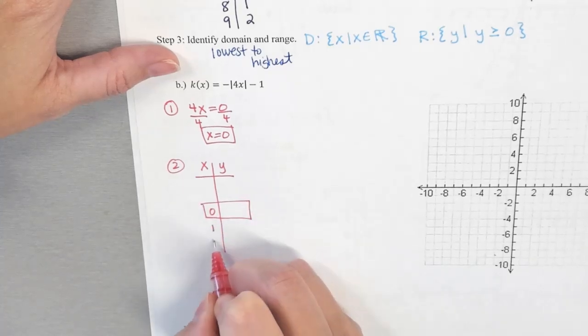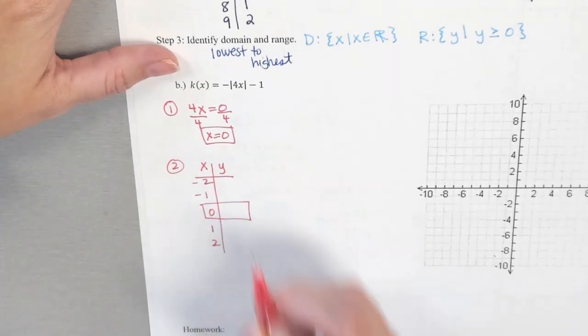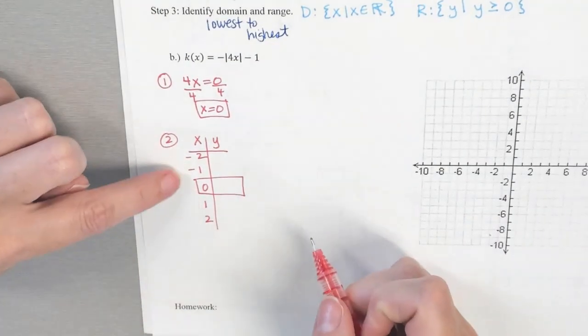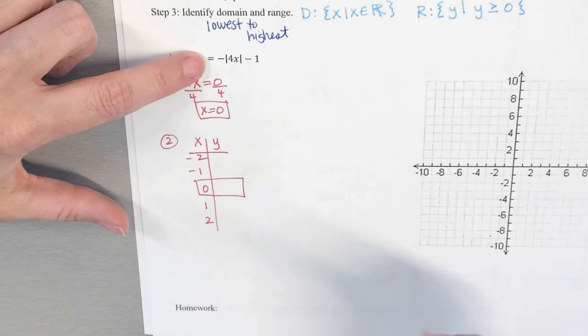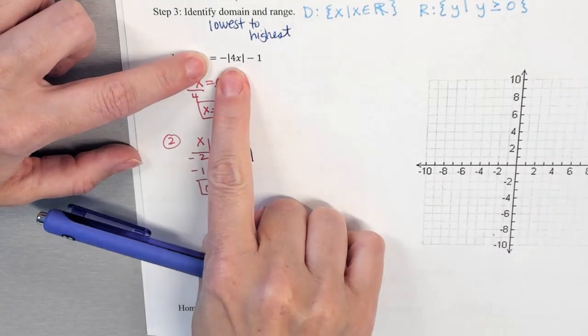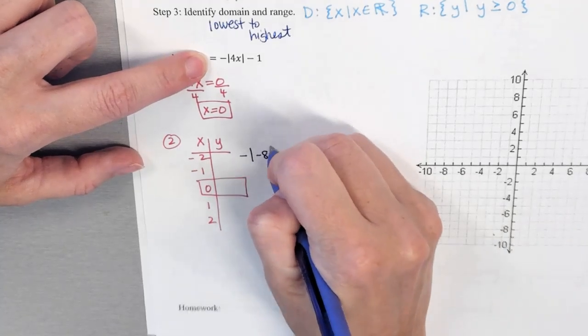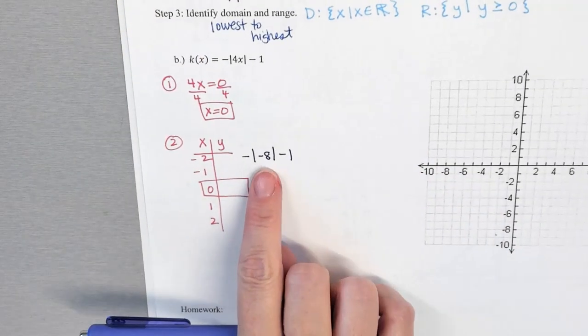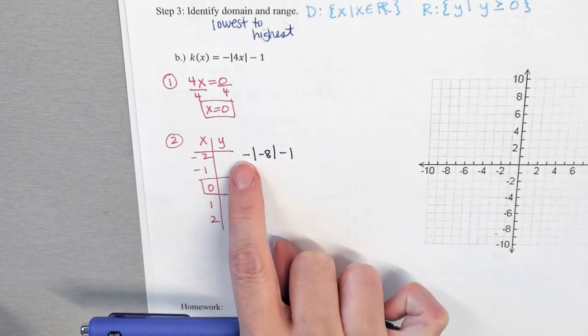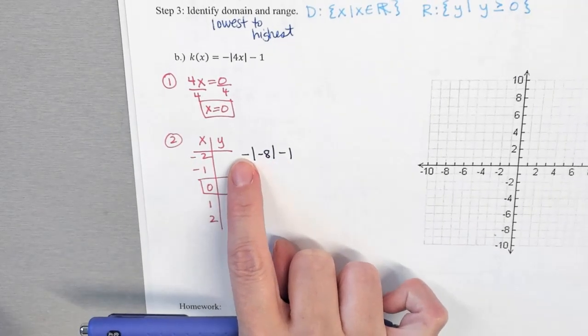And then we can just go 2 up, 2 down. All right, so if you plug in -2, part of this you can just do in your head, right? You plug in -2, -2 times 4 is -8 minus 1. So when you do the absolute value of -8, you get +8, but this is multiplying it by a -1.